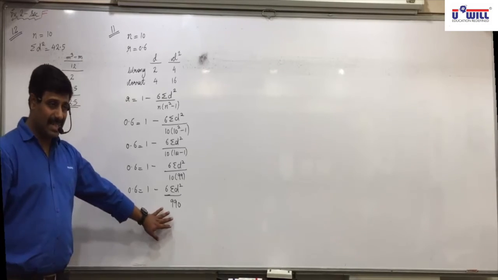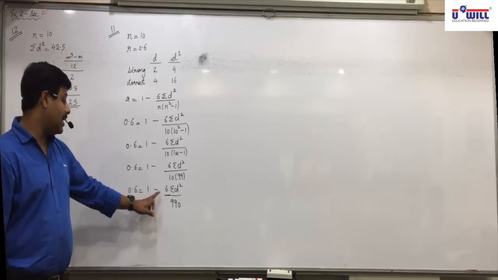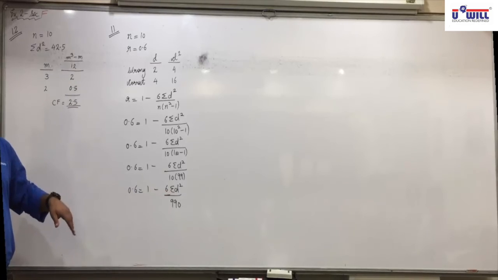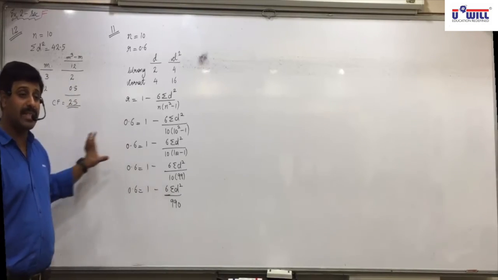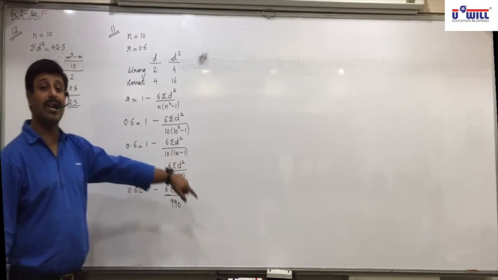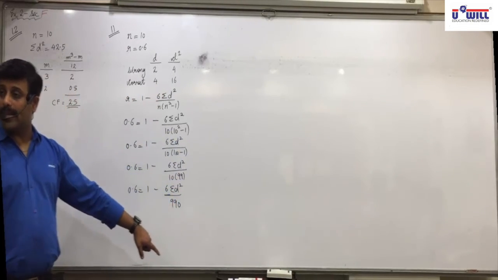Either first you find the LCM, 990 into 1, 990 minus 6 sigma D square upon 990, then you can multiply, then it becomes whole upon. I'll tell you a simpler way. Bring this whole thing on the left side, so minus will become plus. Bring 0.6 on the right side, so plus will become minus. Got it?